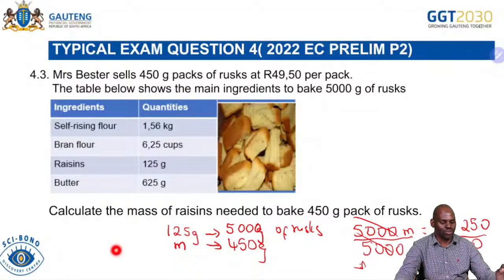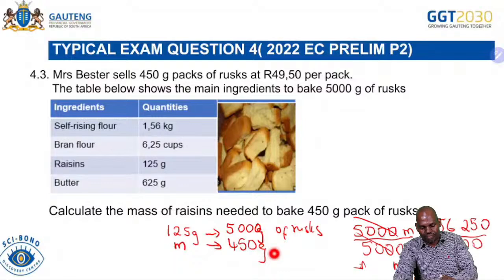Then we say 56,250 divided by 5,000. The answer is 11.25. Only 11.25 grams of raisins will be needed to bake a 450 gram pack of rusk. Okay, so that is number 4.3.